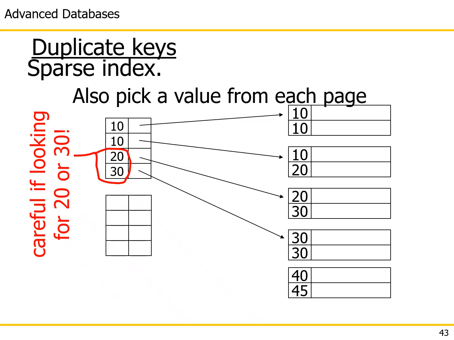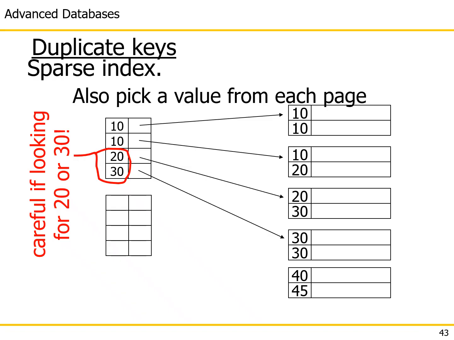Okay? So, the same thing for the 30. If the query selects star from the table where value equal to 30, you are pointing to a page that has two 30s, but you need to check the page before it, and perhaps even the page after it, to make sure that there are no more 30s.